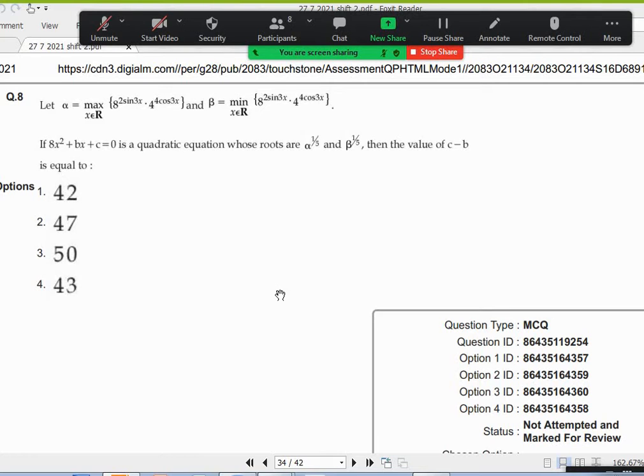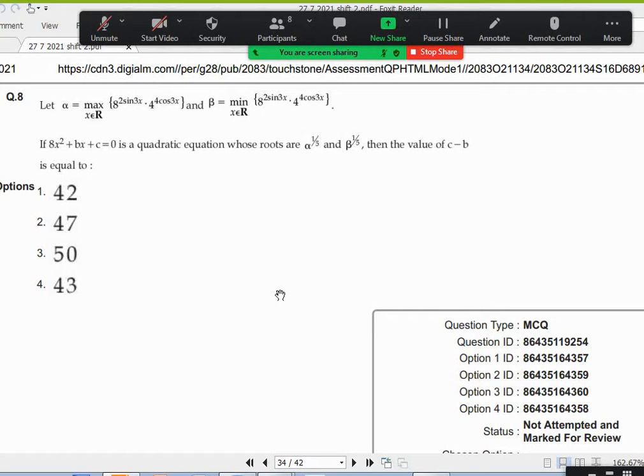Okay, 8th question. Maximum of 8 power 2 sin 3x and 4 power 4 cos 3x is alpha.